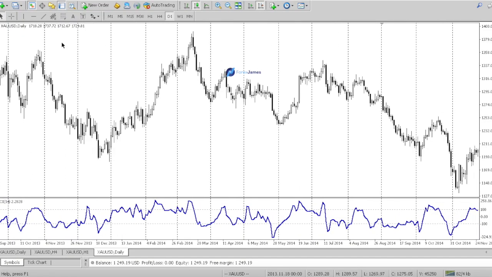I've put up a chart of gold here on the daily time frame. For example's sake, let's take a look at this down move here. You see it making a pullback. After that pullback, it made a turn to the downside. This huge bearish candle kind of defined and marked the turning point in price.